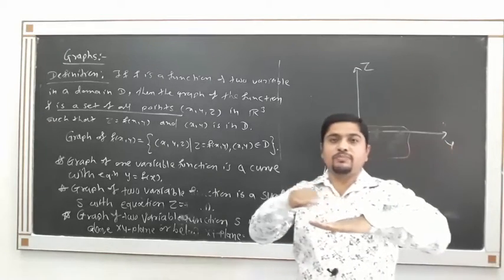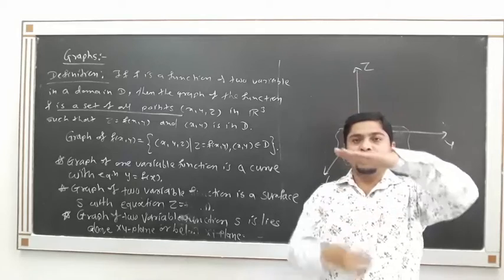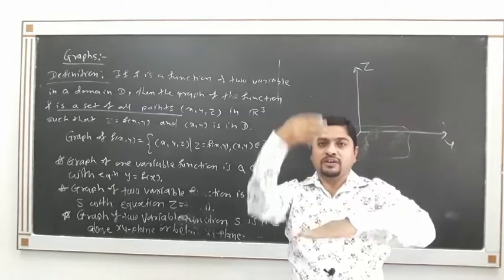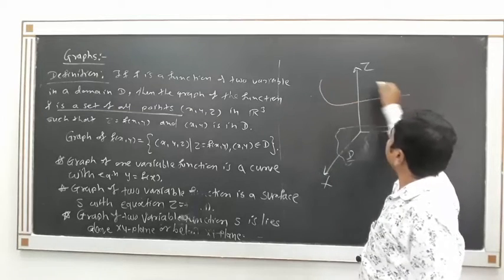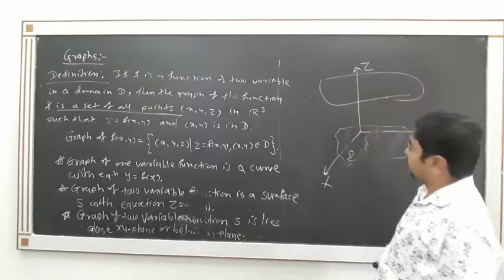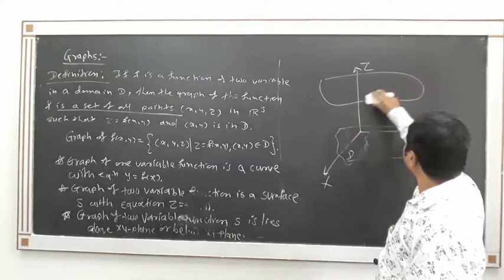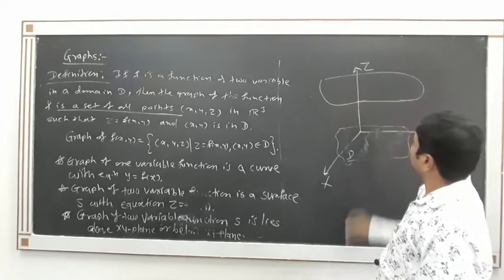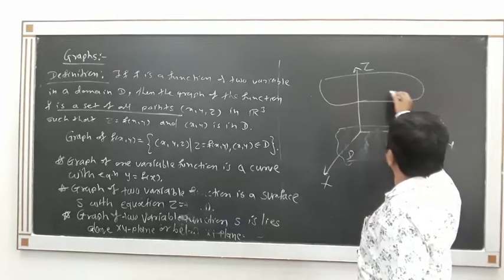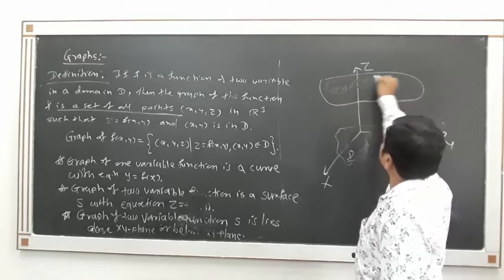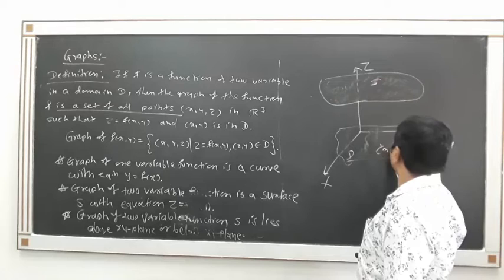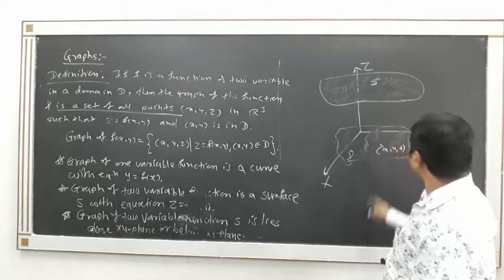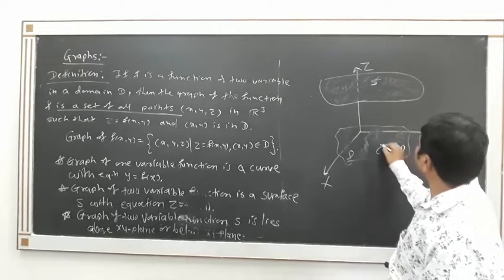Suppose this is the surface S, and we take any point (x, y, 0), because in the xy plane the z coordinate is 0.